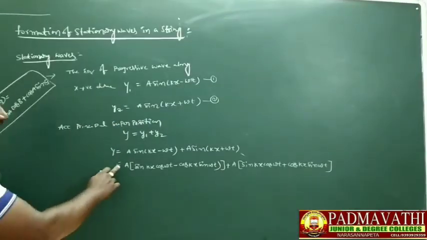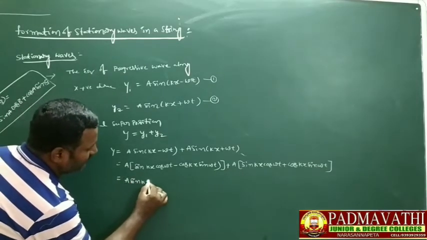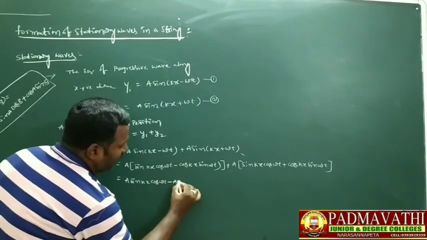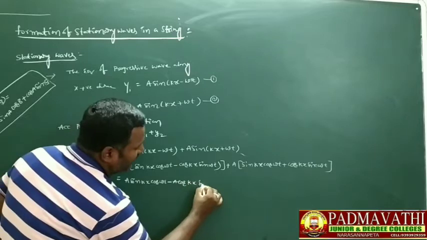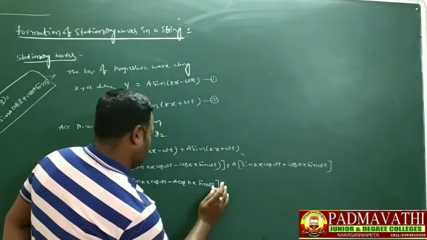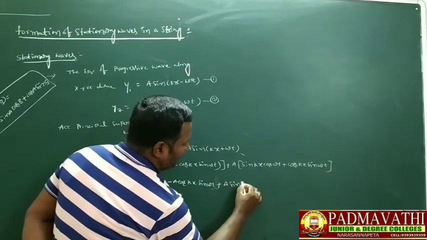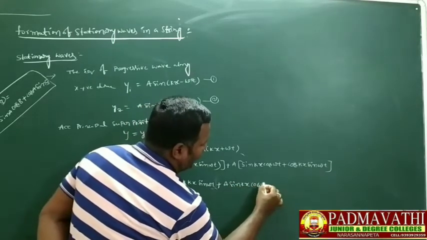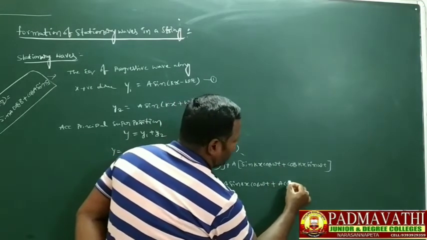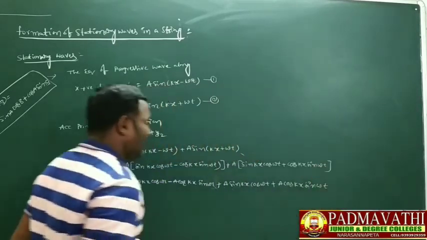Now multiply by the amplitude a. So we get a sin kx cos omega t minus a cos kx sin omega t plus a sin kx cos omega t plus a cos kx sin omega t.